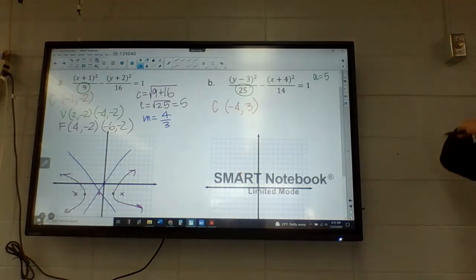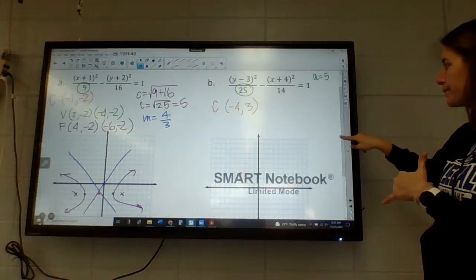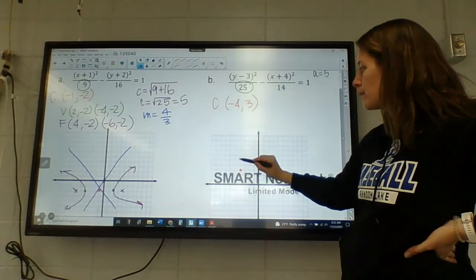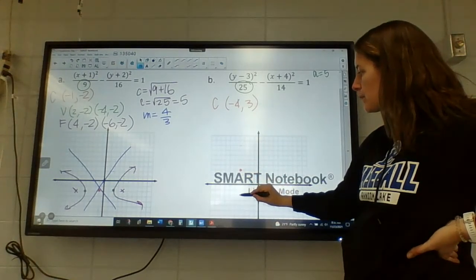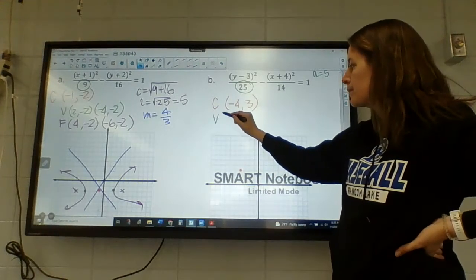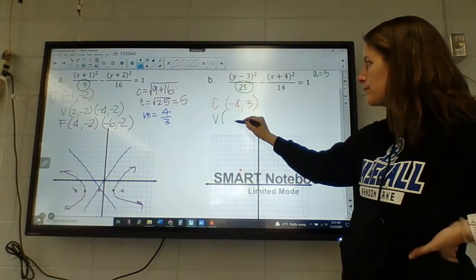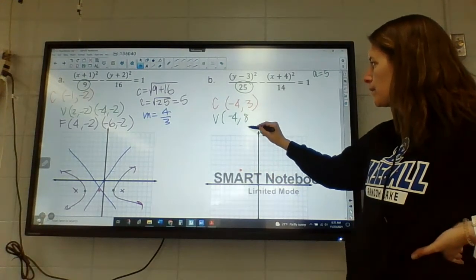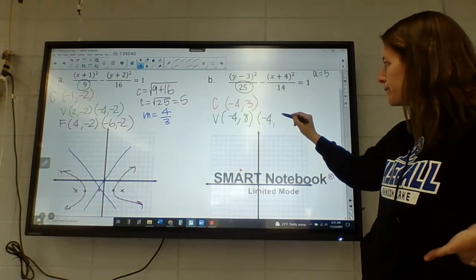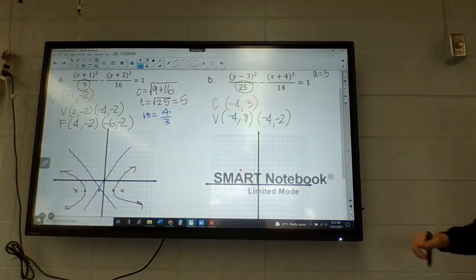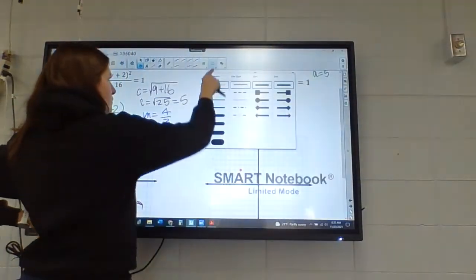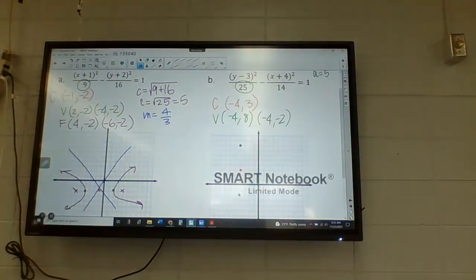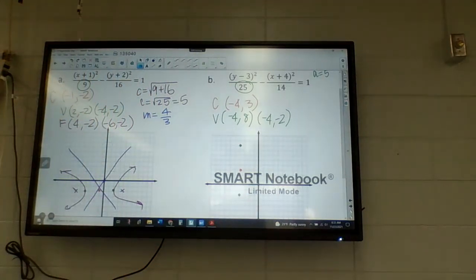So we're going to go up and down 5 from our center. There's our vertex, up and down 5 from our center.